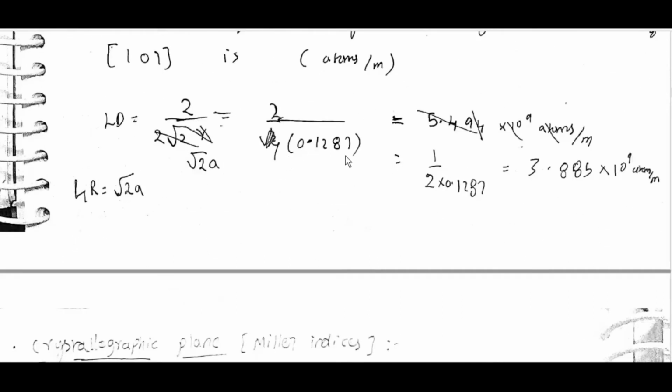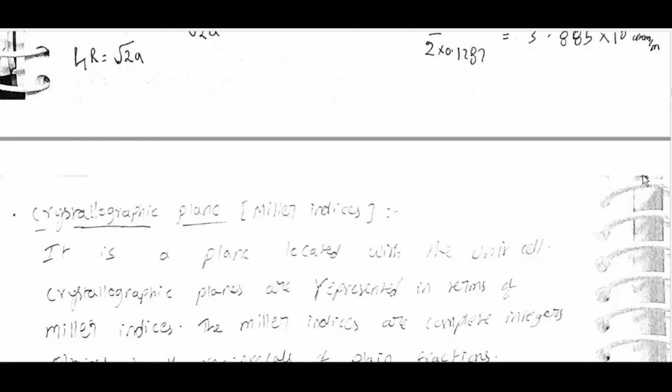So with 4 into 0.1287, we get 3.885 into 10 power 9 atoms per meter.